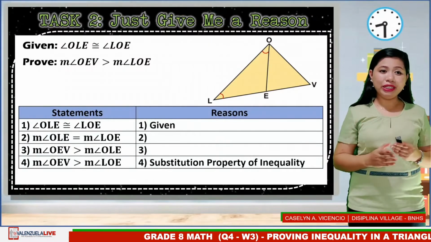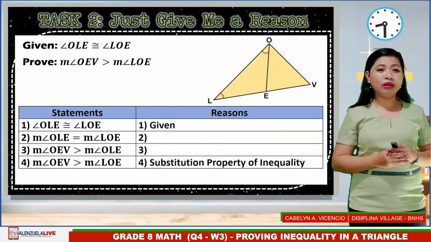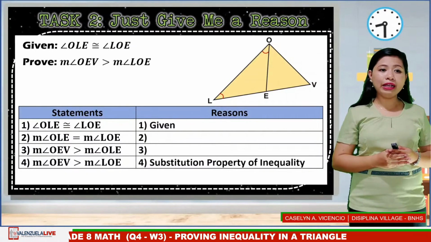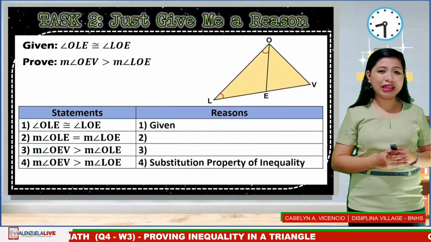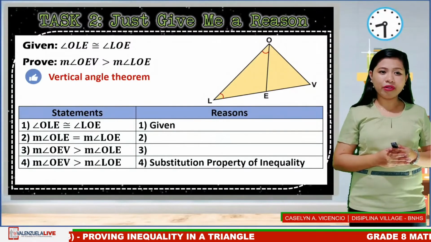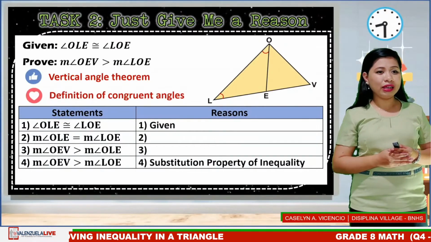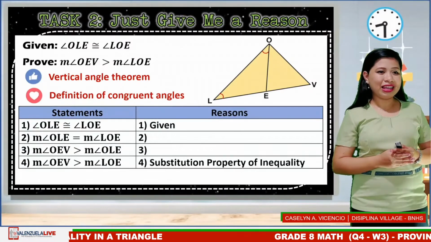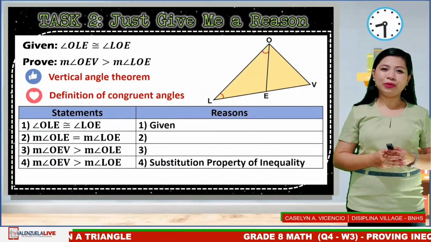For what reason is the measure of angle OLE equal to the measure of angle LOE? Is it the vertical angle theorem or the definition of congruent angles? The timer starts now.